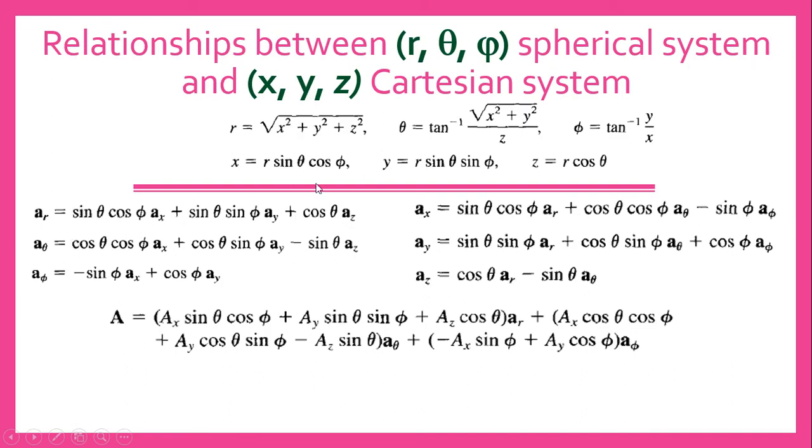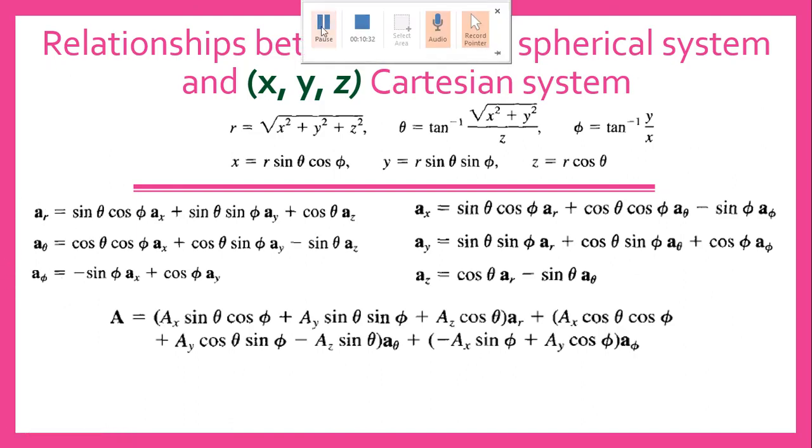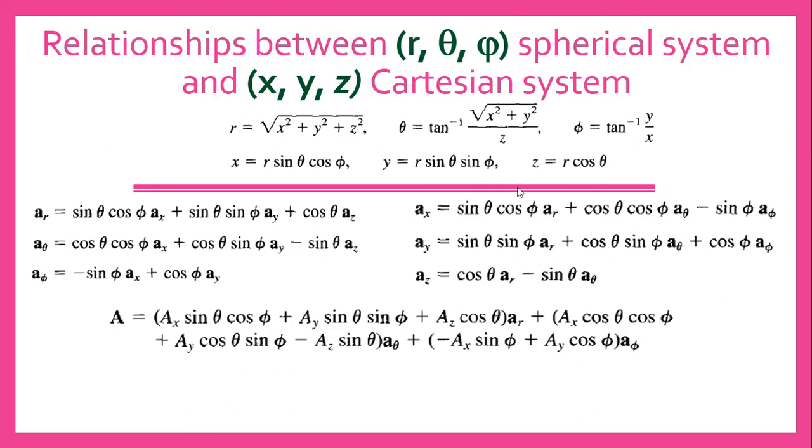If you know the sin theta cos phi ax, you can find out the AR, A theta, A phi, which are the components of the spherical coordinates. If you know the spherical coordinate components, we can find out easily the Cartesian coordinate components. So if you are to find the full vector A, just add the things.